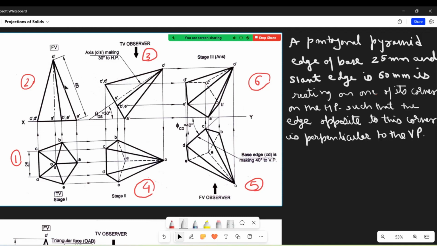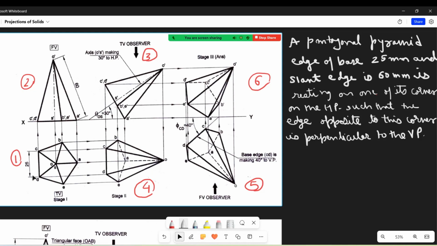Then only the slant edge will show the true length. So even if it is not mentioned in the question that the edge opposite to this corner is perpendicular to the VP, it is understood that this edge OA, the slant edge, has to be horizontal in the top view, and this pentagon would be drawn in this manner only.